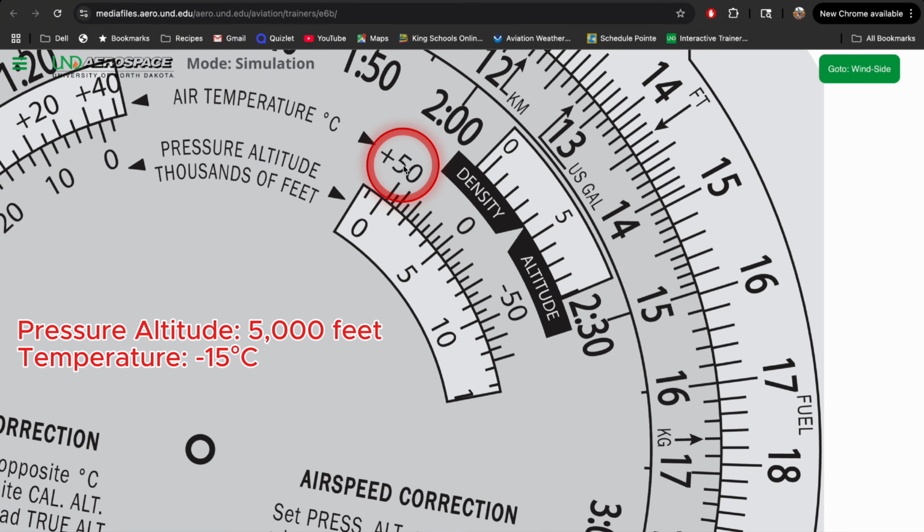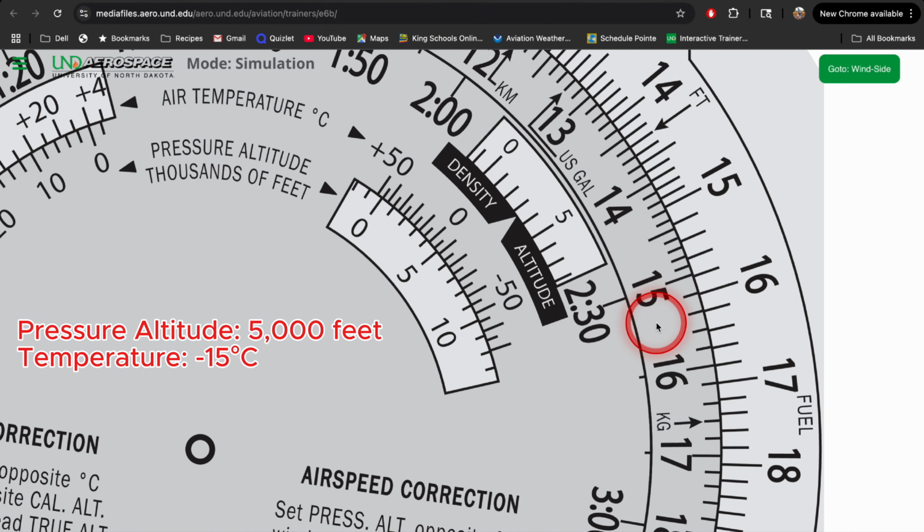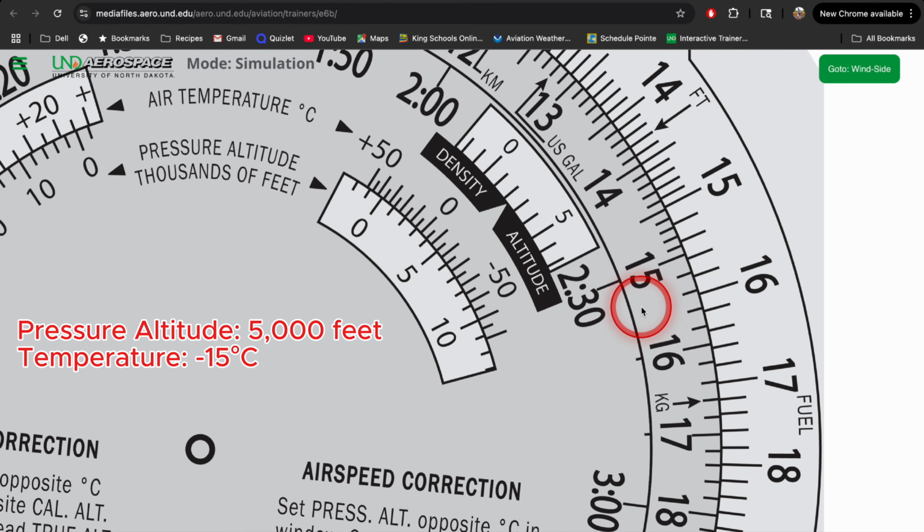You'll see right there, plus 50, and it's negative to the right. Our example was negative 15, so you want to rotate this to align negative 15 with 5. Here's 0, negative 5, negative 10, negative 15. Pressure altitude is 5,000 feet, temperature negative 15 degrees Celsius, and now we've got those two aligned.